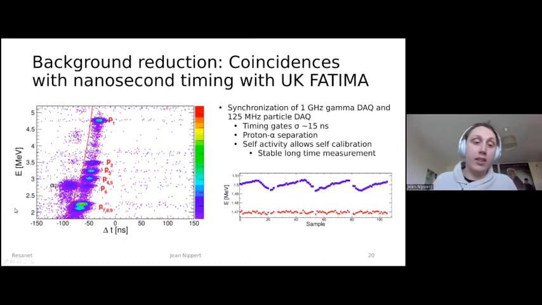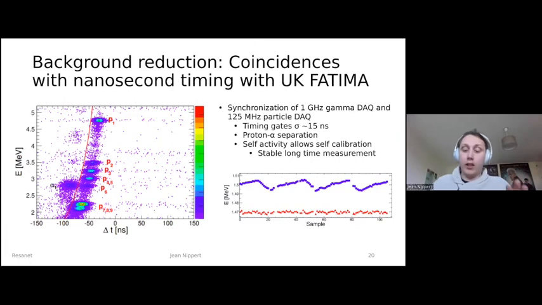And this spectrum is basically in coincidence with every gamma. Now we have 36 scintillators with self-activity. Self-activity means that we can calibrate our scintillators hour by hour. That means that we can do very long, stable measurements.